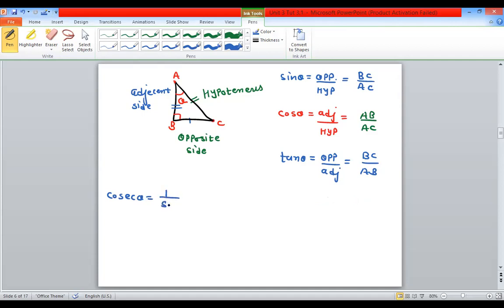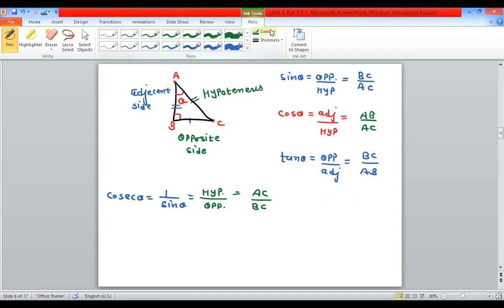Cosec is a reciprocal of the sin theta, the value of the sin. Yes, right, definitely. Hypotenuse upon opposite. So the formula hypotenuse is AC, but opposite will be changed. It's BC, and so on.